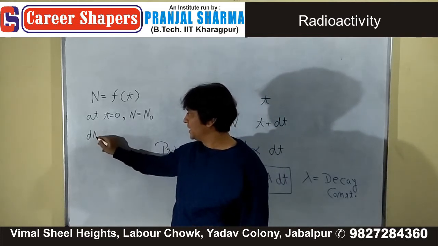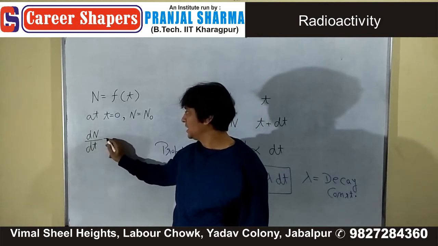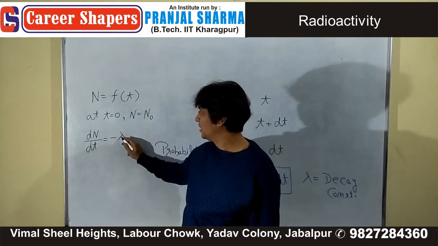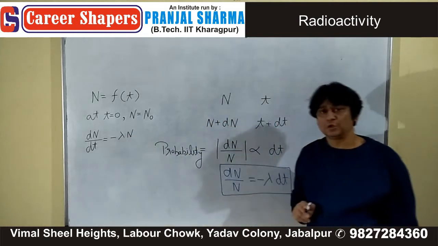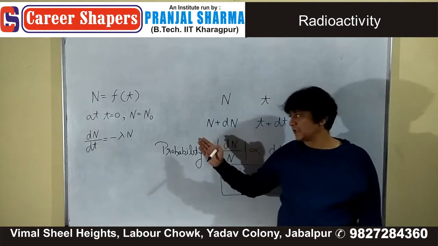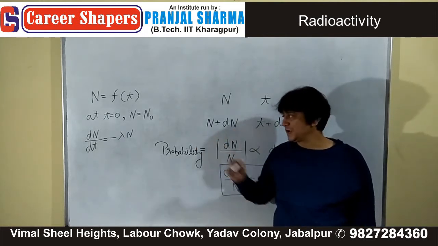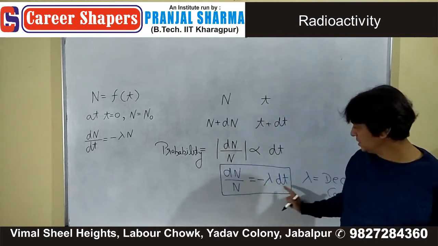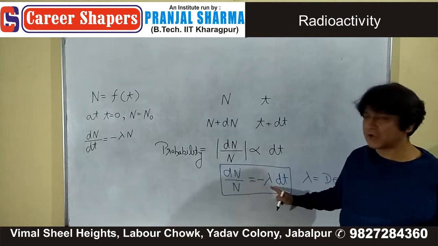So, the law of radioactivity says that dN upon dt is minus lambda N. You will also find the law of radioactivity written in this form.